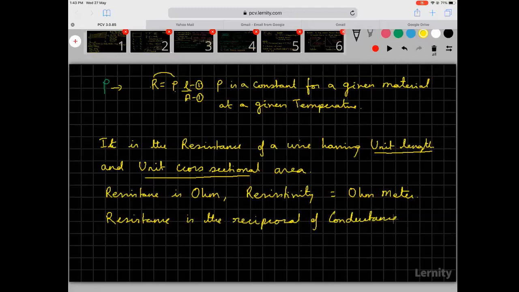So now conductance has a unit which is exactly opposite of it. The unit of conductance is mho. Okay, so R is equal to rho L by A.